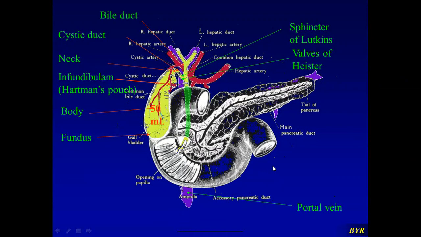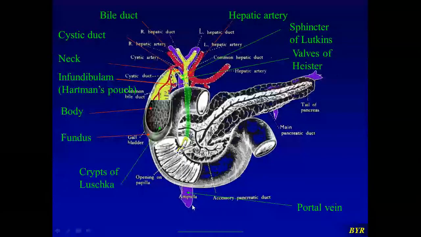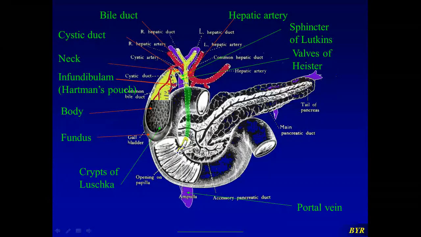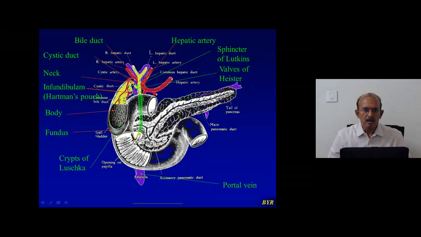The interior of the gallbladder has minute depressions. These are called the crypts of Luschka.